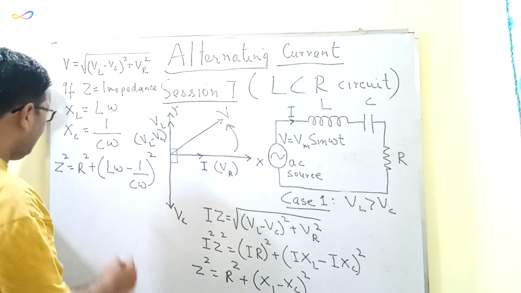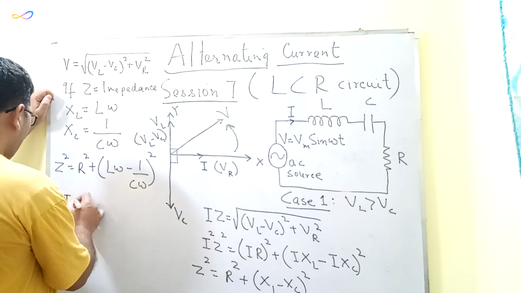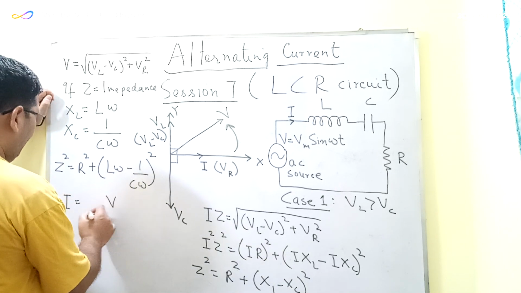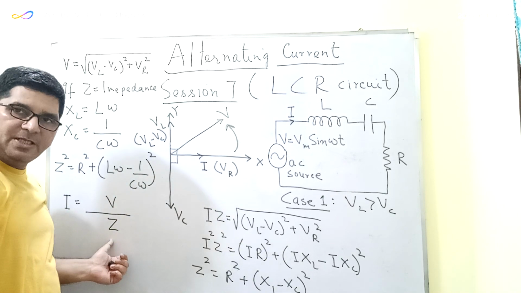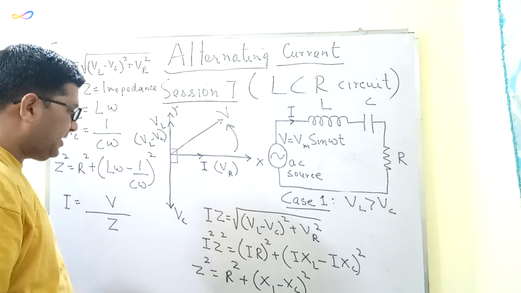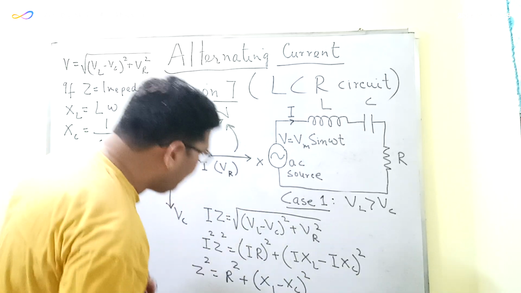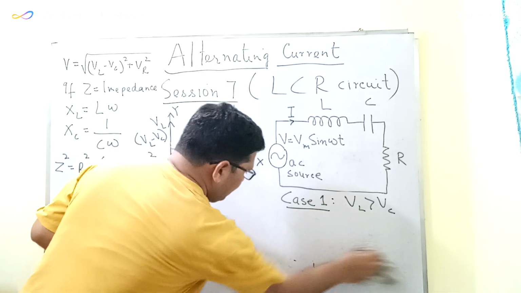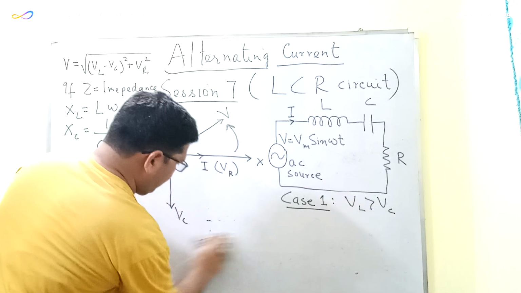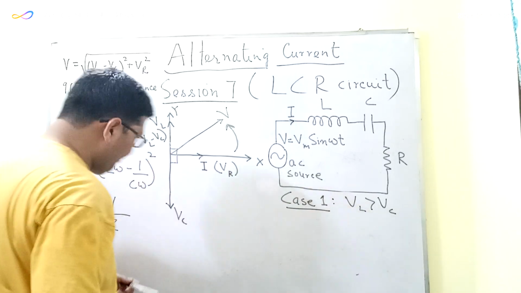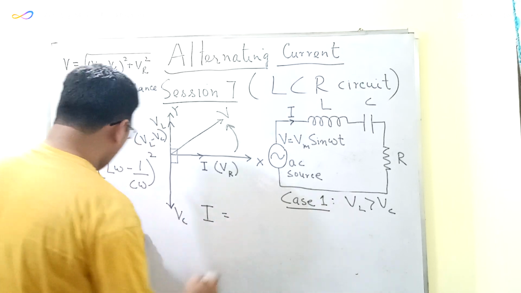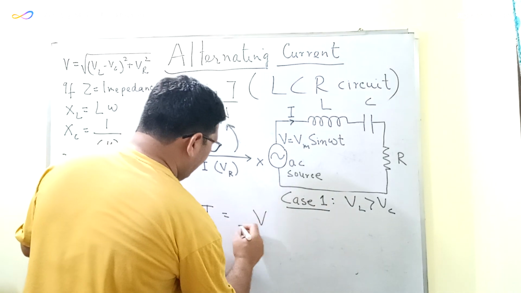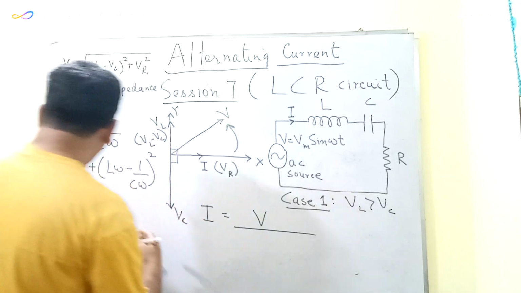Now the current in the circuit I can be written as V divided by Z, where Z is the impedance of the circuit and V is the instantaneous voltage. So this can be written as V divided by Z. Now what is the value of Z?